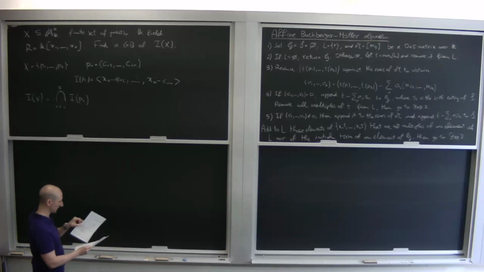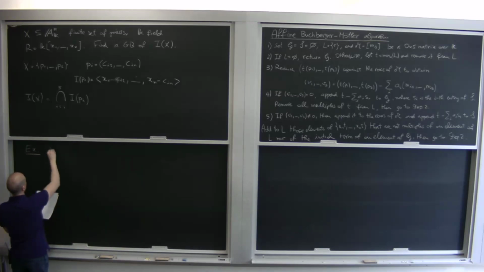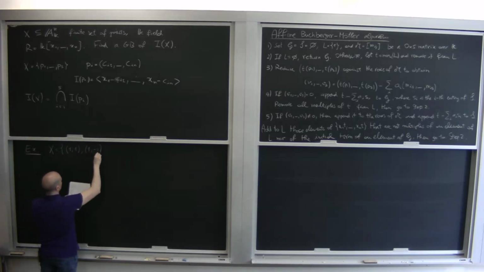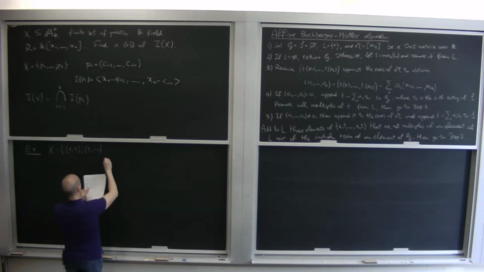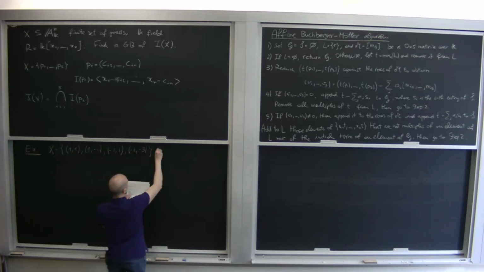So I chose a set of points. So this is going to be my long example one for the affine case. I chose 4 points, but in A2. So (1, 1), (1, -1), (-1, 1), and (-2, -3). And I'm working over the rational numbers.